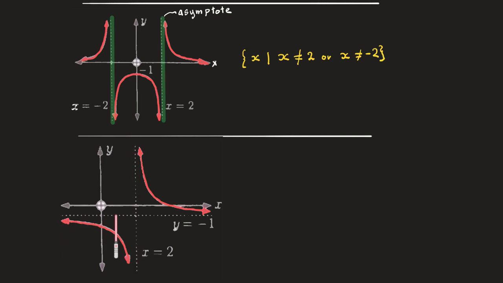Don't worry about the other one. The other one is meaningless. And this particular asymptote tells us that x cannot be 2. And our set notation therefore will be x is such that x cannot be equal to 2. And that's all there is required here.